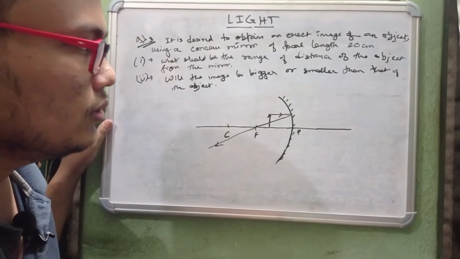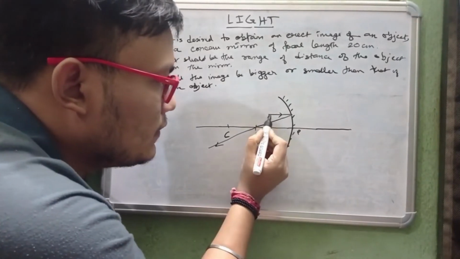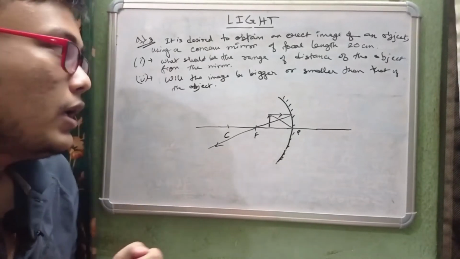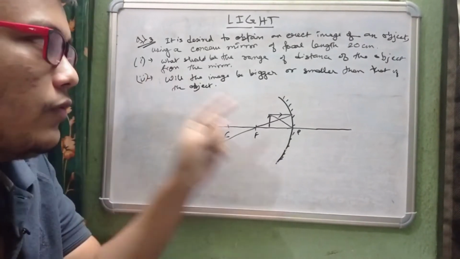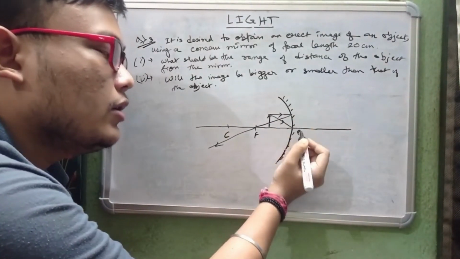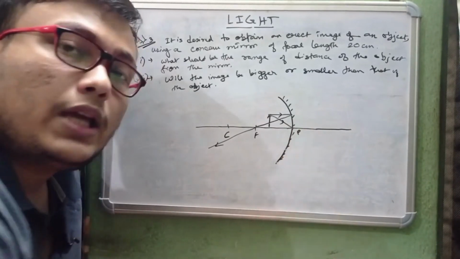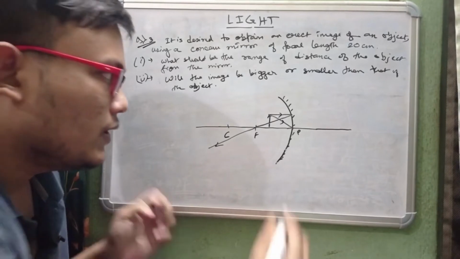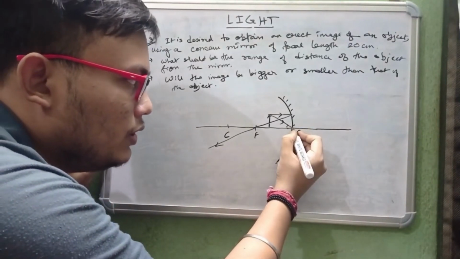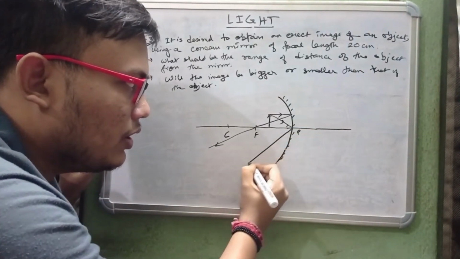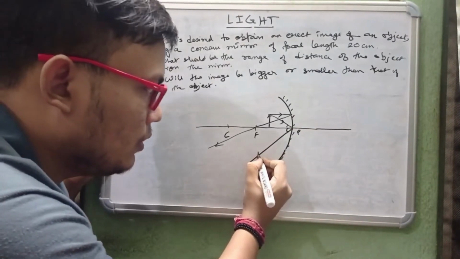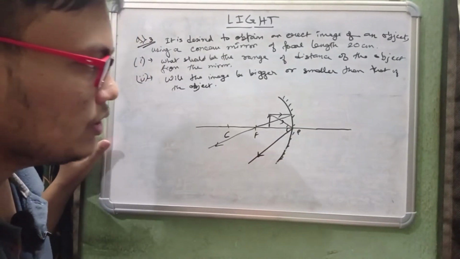right? And the second incident ray will directly fall on the pole, and we know that if it falls on the pole directly, the reflected ray will have the same angle of reflection as the angle of incidence. So this angle will be equal to this angle, right? The reflected ray will be following the laws of reflection.